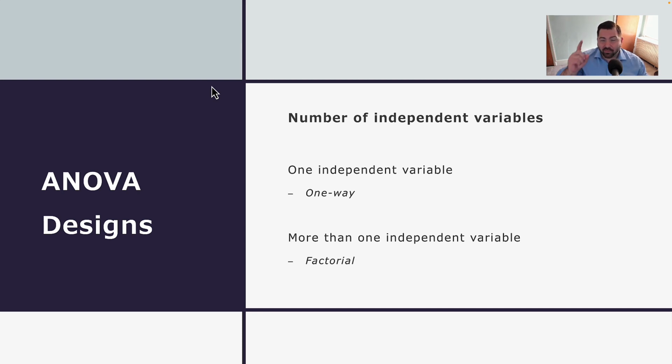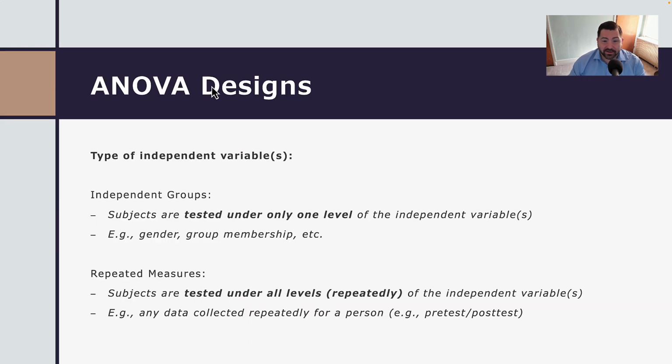If I only have one independent variable, then it's appropriate for me to declare that I have a one-way independent groups or a one-way repeated measures ANOVA. So the first thing is being able to be presented with a research scenario and understanding how many independent variables do I have. And once I know that information, I'll know if I want to go the one-way route or if I need to do something that is more factorial in nature.